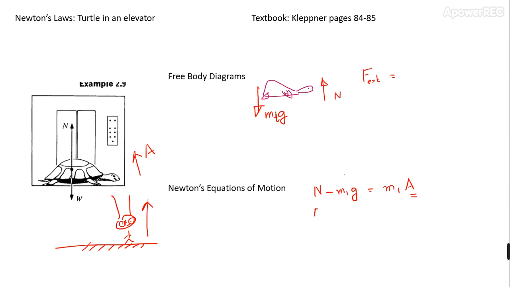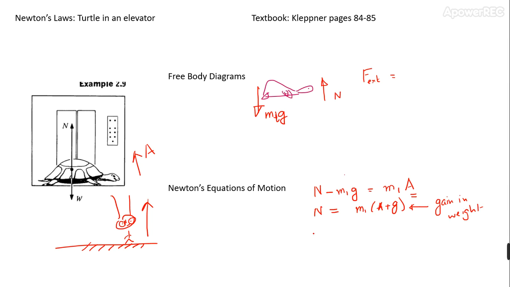Now the prediction of Newton's equation for this problem is going to be that N is equal to m1 into (a plus g). So the normal force is now higher than the weight, and we say that there is a gain in weight when the lift is moving up with an acceleration a.